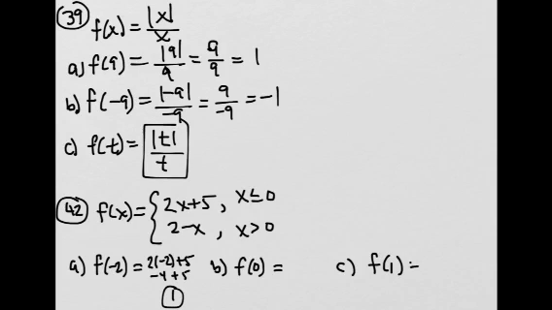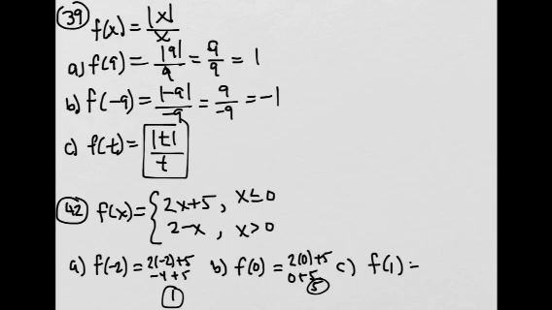Same thing for 0. I see 2 zeros right here, right? But this one includes a 0, this one does not. So the one I'm going to use is this one. It's here. So I'm going to use this one again to evaluate the 2x plus 5. So 2 times 0 plus 5 is 0 plus 5, which is 5.